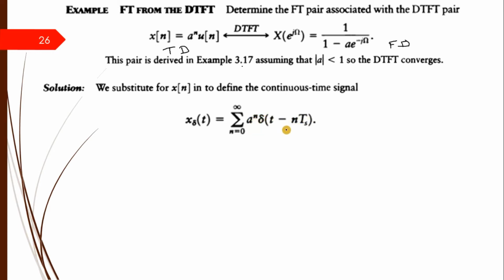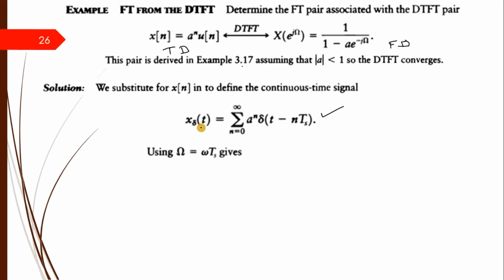When I sum all those up, you will get a continuous time sampled signal which resembles the given x of n signal. So it is a very important equation for your understanding. If you have not understood this, then you will have problems understanding the convolution sum and convolution integral at the beginning of the second chapter. Still, I'm giving you the flexibility to ask questions. Please ask whenever you have a doubt.